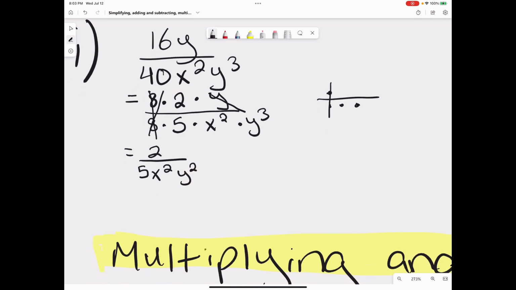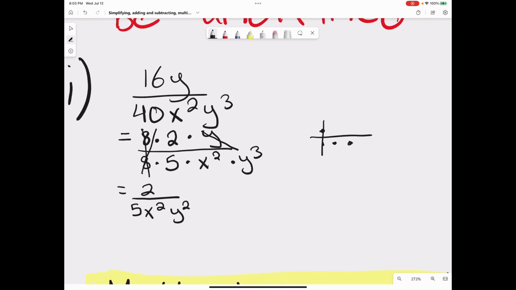Now we're going to think of restrictions. Remember, when looking for restrictions, go back through all your steps and see when you multiply the bottom by any number, will the answer be 0? We're going to do this for the x variable and for the y variable.